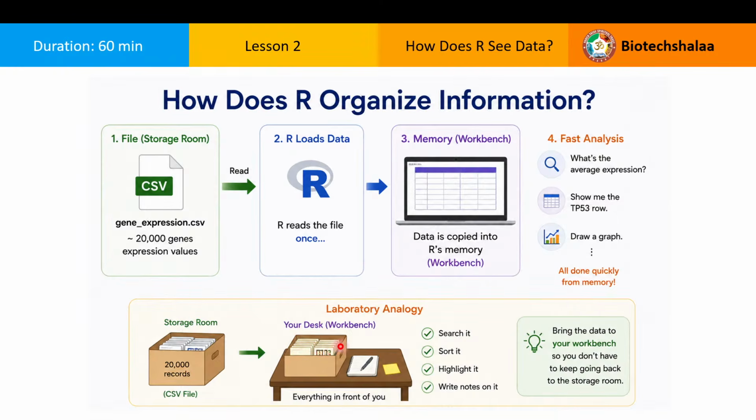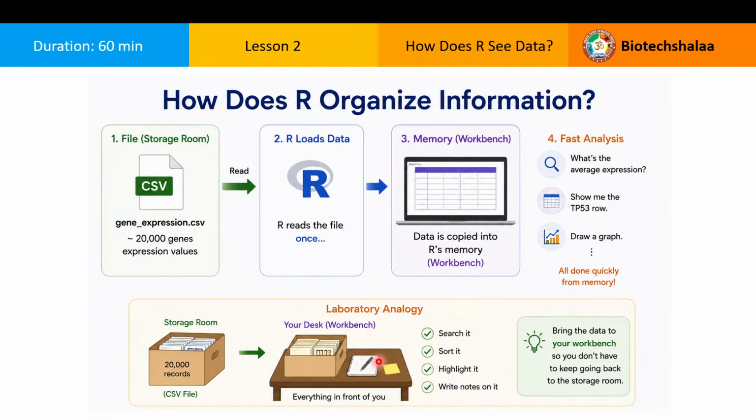So if none of these boxes had labels on them, your desk would become a chaos, right? If you have similar boxes like this and none of them have labels, you will just get confused. Am I right? So what will you do if you don't have labels? You will constantly ask which box has the patient data, which box has the mutation data, or where did I put the gene expression data, right?